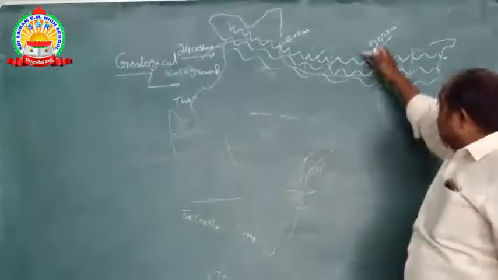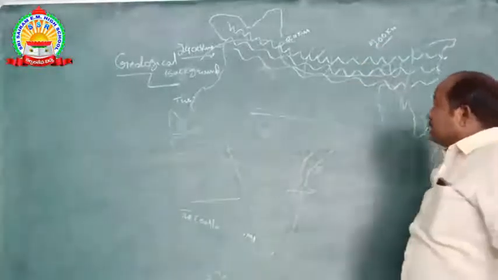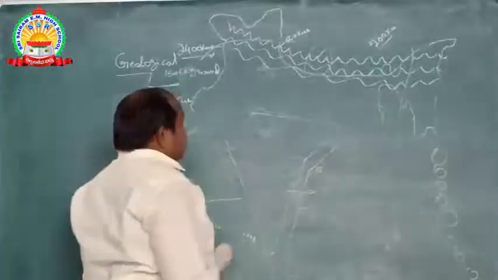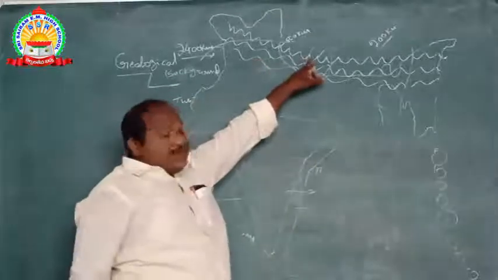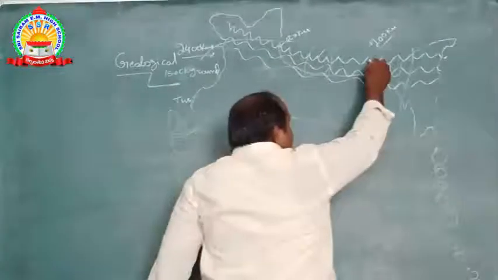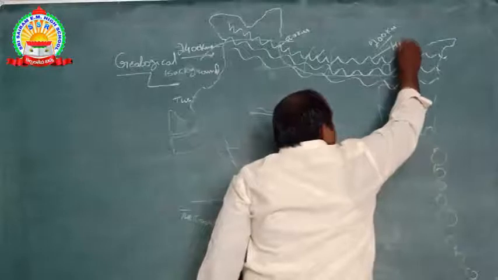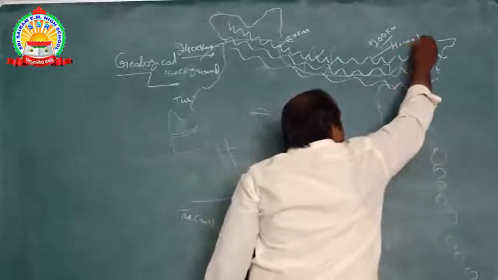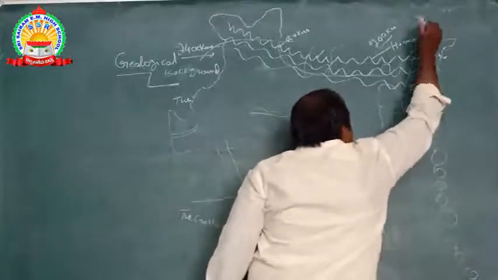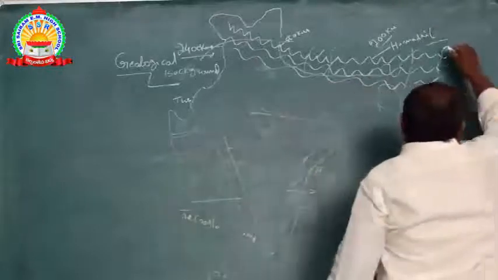Altogether, there are three ranges. The first one is the Himadri ranges, also known as the Greater Himalayas.